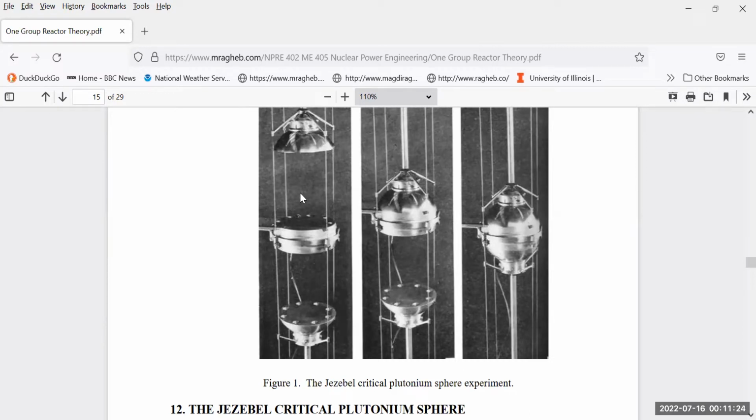You could see here that they were using rods, remote control, the kind of hemisphere on top and the bottom, and they were checking the critical masses, basically because you need to make sure that your data are correct in the calculation of the critical mass. And the approach to criticality is done by bringing in the top hemisphere on top of those three cylinders in the center here, and then the lower one. A system in that configuration would be critical.